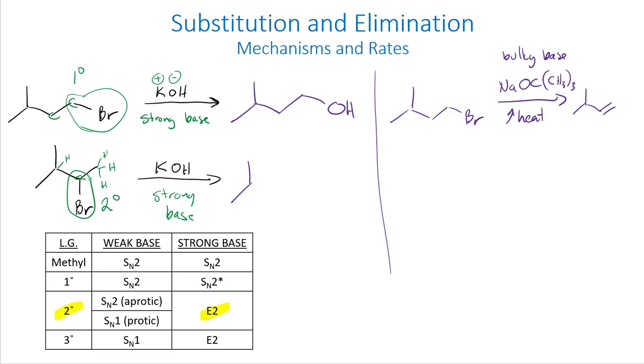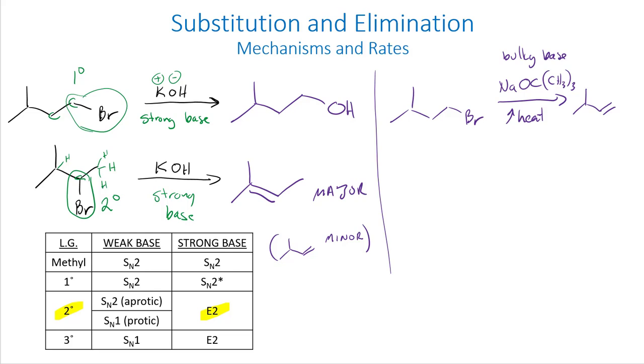Which region of the product molecule do we want to put that double bond on? And we choose, according to Zaitsev's rule, the more substituted location to be the major product, although we would expect a little bit of the minor product as well, being the less substituted alkene.